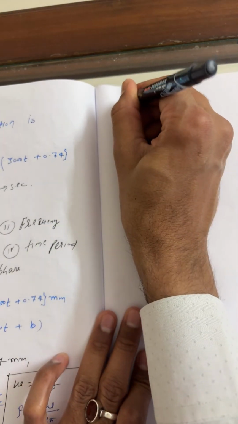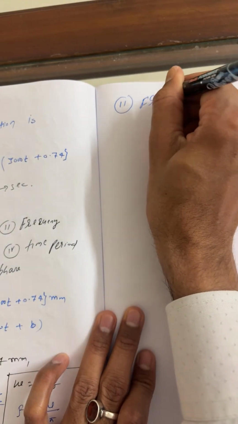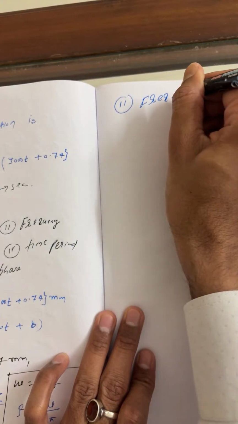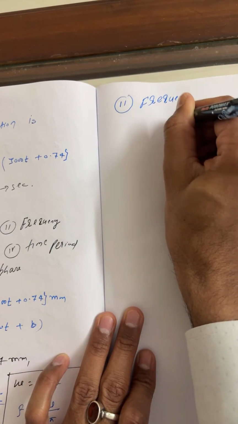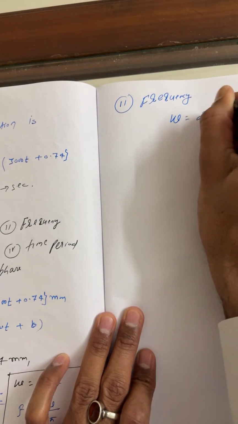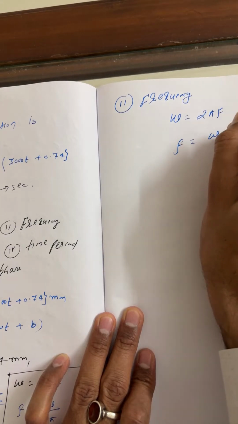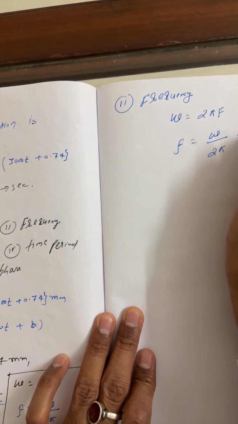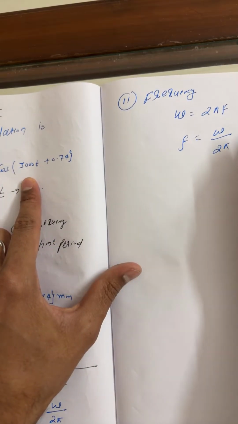Between point 2 we wish to find the frequency. So you can simply write omega is equal to 2 pi f. Frequency you can write as omega upon 2 pi. Omega already is 300.